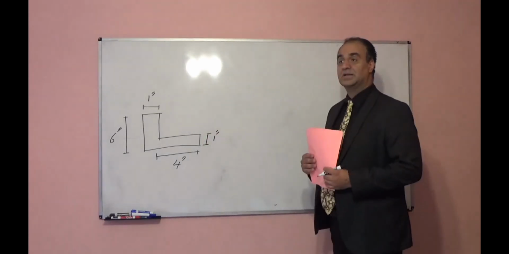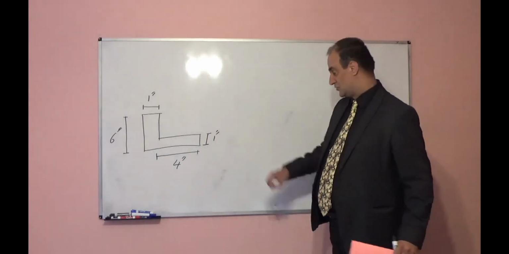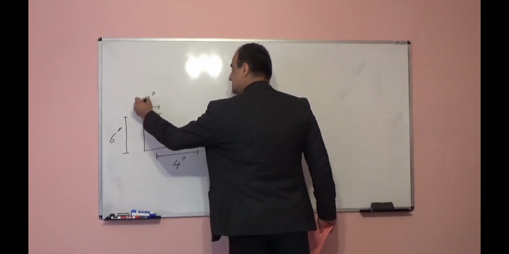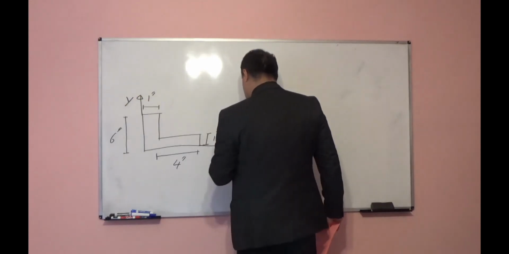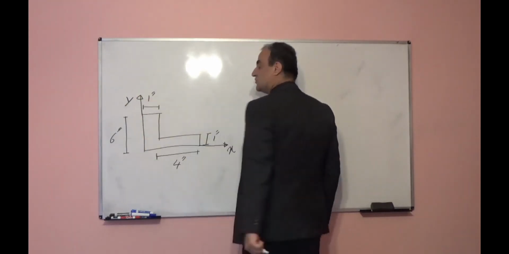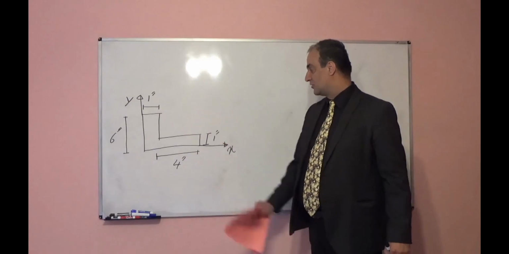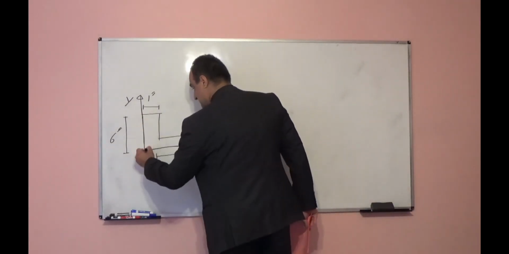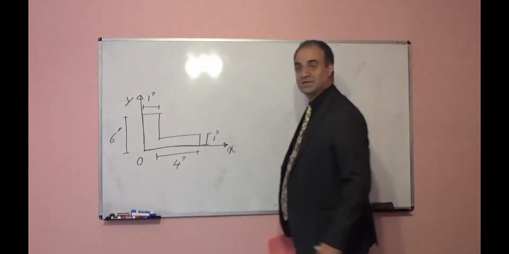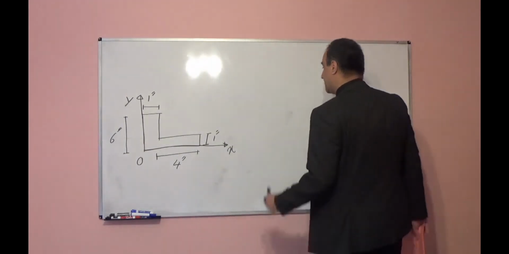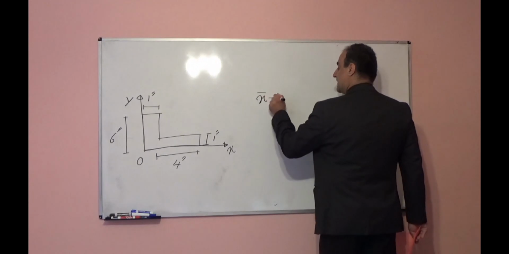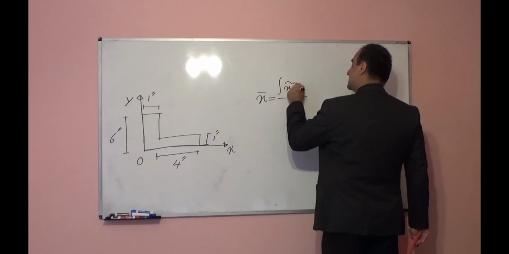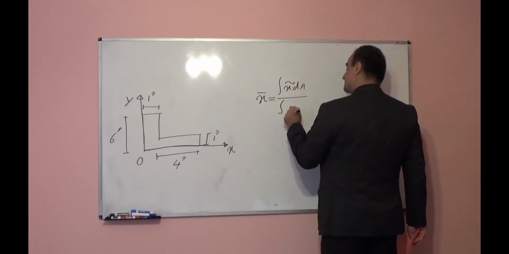I want to find the center of area for this object. And the thickness perpendicular to the board is uniform. So I will assume one x, y coordinate, and I assume this is the origin of the coordinate.